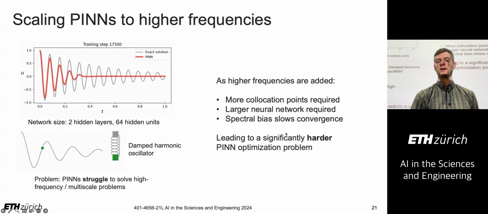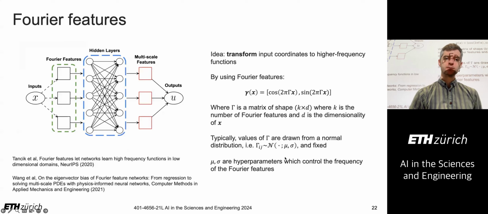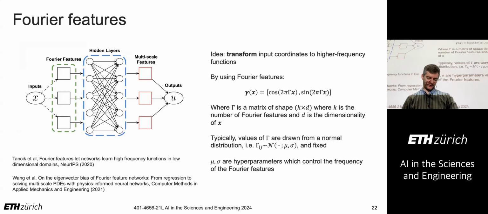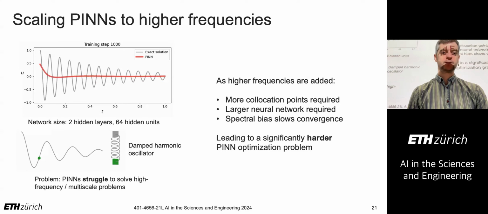So all of these factors compound and turn the optimization problem into a significantly harder optimization problem. Okay, so we'll just take a short break, and then I'll talk about ways that we can overcome this.